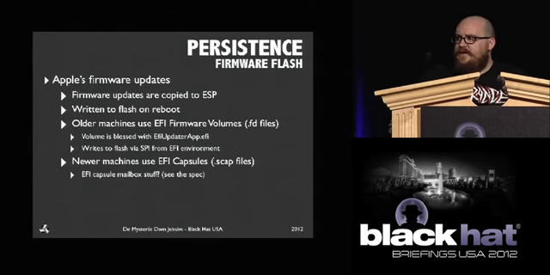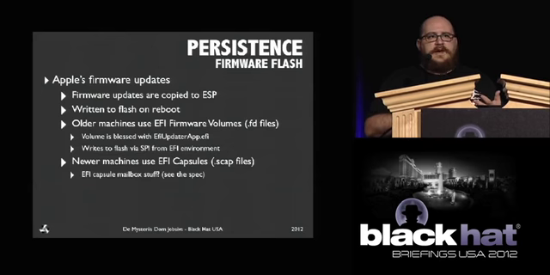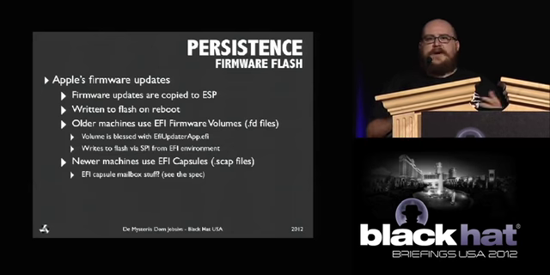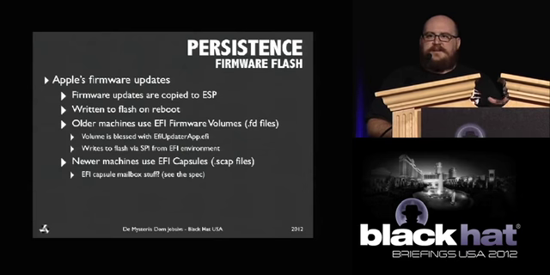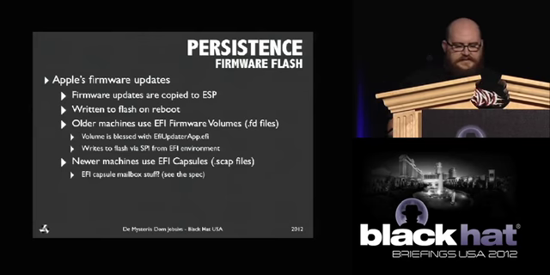Newer machines use EFI capsules, which is a way of communicating with EFI and passing executable code back to EFI from the operating system. So you map your stuff into memory at a specific address with a specific mailbox format, and EFI looks for that when it starts up and grabs the drivers in that and whatever else and dispatches it and writes it out to the firmware.